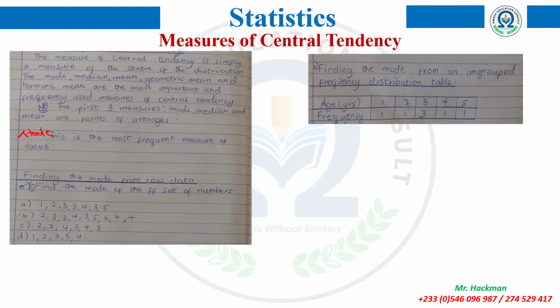So these 3, you have to be very good at doing the calculations on: raw data, ungrouped frequency distribution table and grouped frequency distribution table. Each measure will move from the raw to the ungrouped and to the grouped.